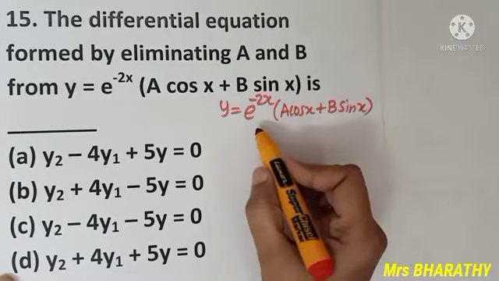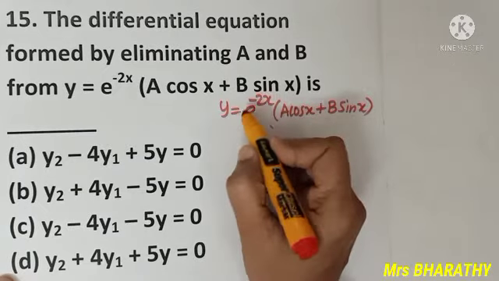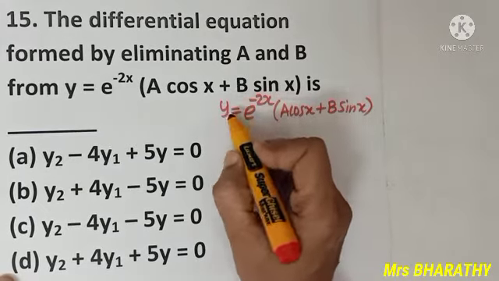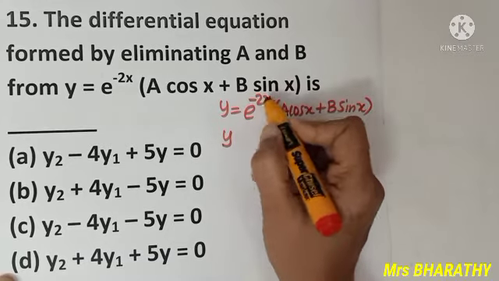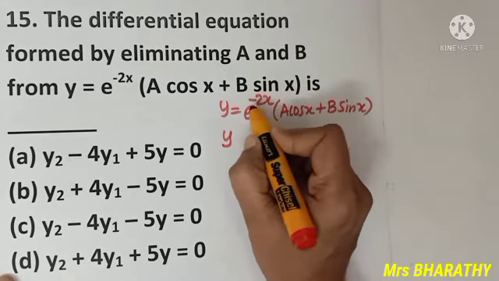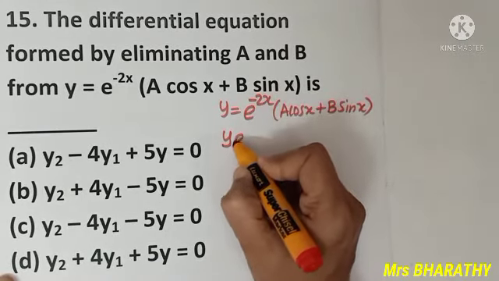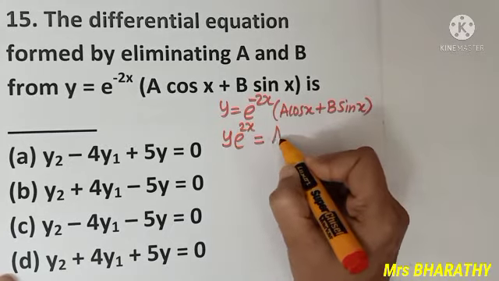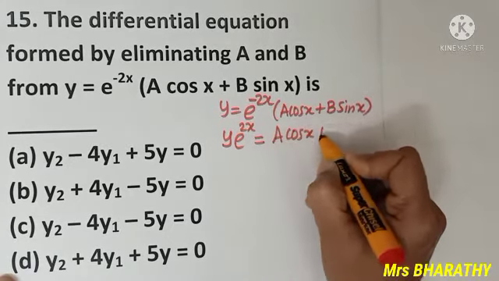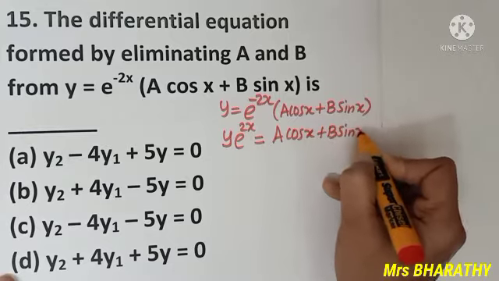To avoid problems, let us bring e power minus 2x to the left side. It becomes y e power 2x, the negative power will go to the left side as the positive power. RHS is a cos x plus b sin x.